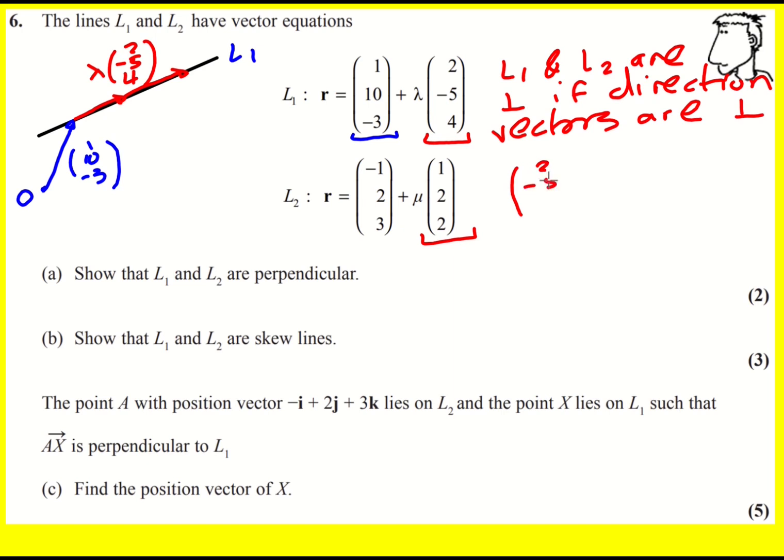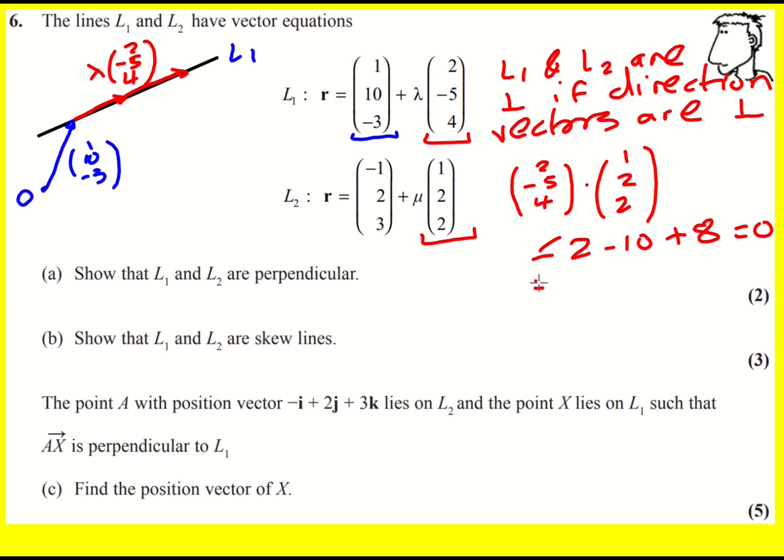2, minus 5, 4 dotted with 1, 2, 2 is going to equal 2 times 1 plus minus 5 times 2 plus 4 times 2. And this equals 0.